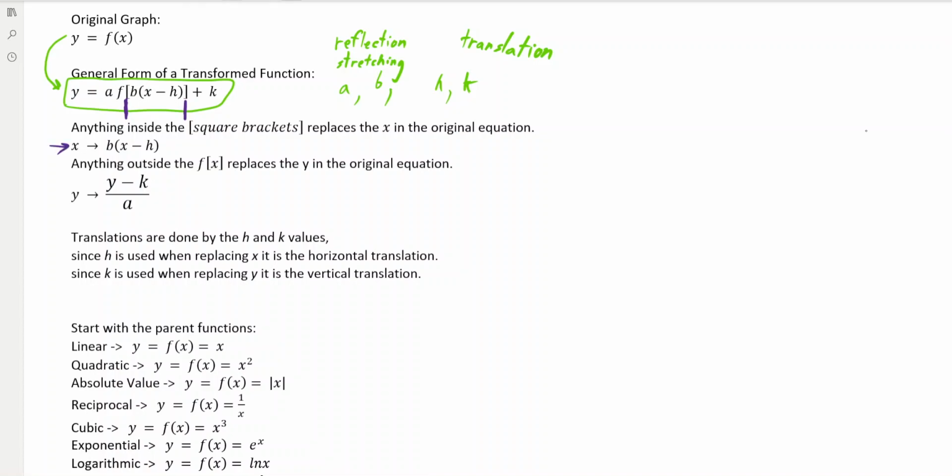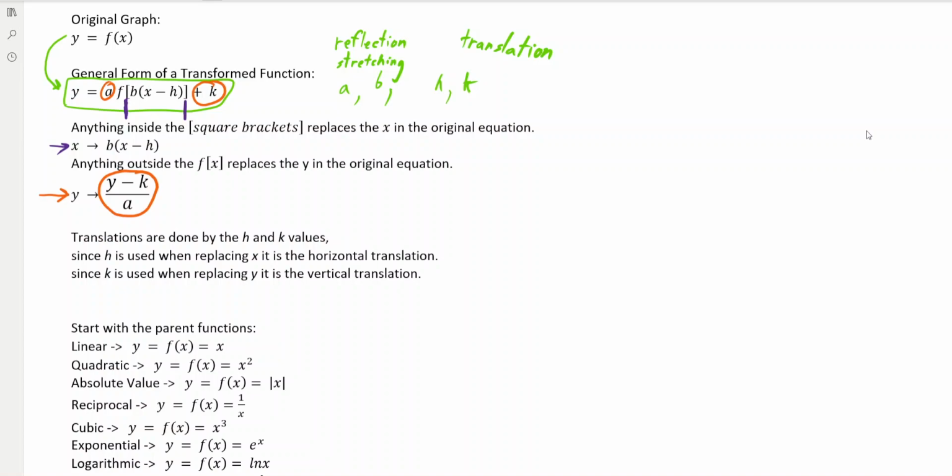change. But if you look at the k and the a, those are outside the square brackets, so they actually replace the y. If you think about opposite operators, to move it across, we'd have to subtract k first, then divide by a in order to move it across the equal sign.